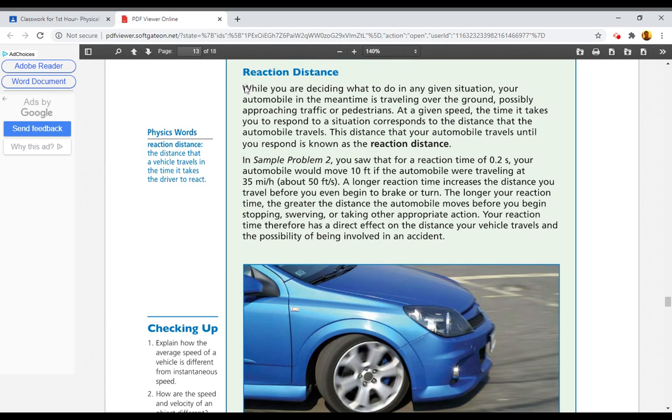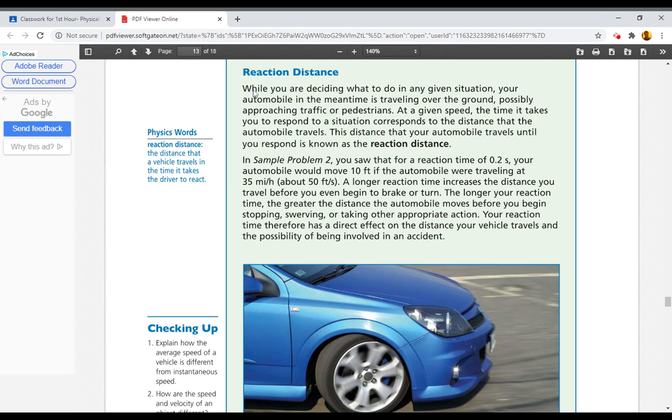Reaction distance. While you are deciding what to do in any given situation, your automobile, in the meantime, is traveling over the ground, possibly approaching traffic or pedestrians. Okay, so this is really important, guys. Let me read this again.